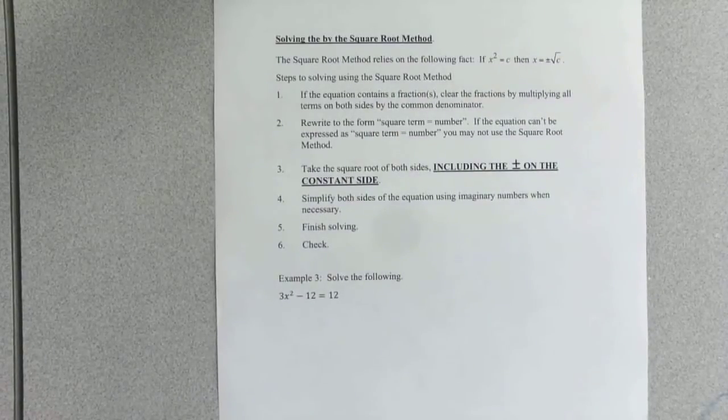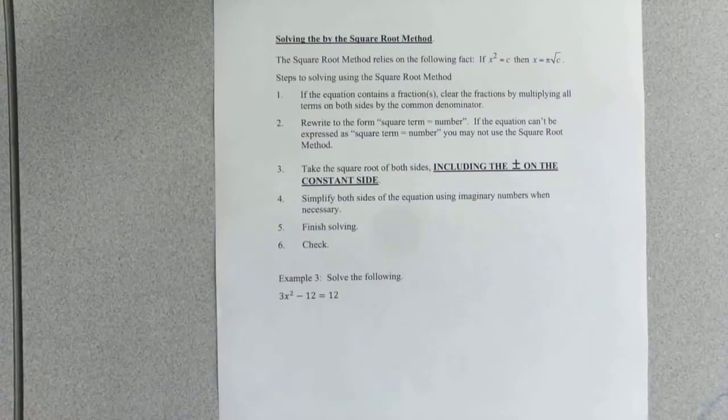3, take the square root of both sides, including the plus or minus on the constant side. Forgetting the plus or minus is not a minor mistake. Forgetting the plus or minus means you're leaving out half of the answers, and so you're going to lose at least half credit.